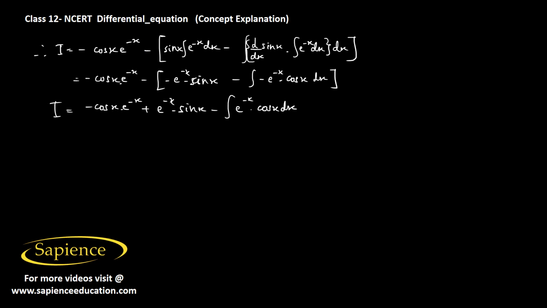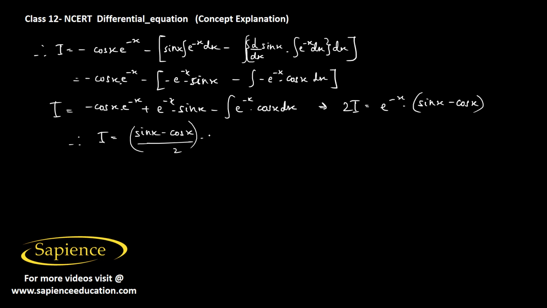So this is again I. So therefore we can write it as 2I equals e power minus x into sine x minus cos x. So therefore this integral I will be equal to sine x minus cos x by 2 into e power minus x.